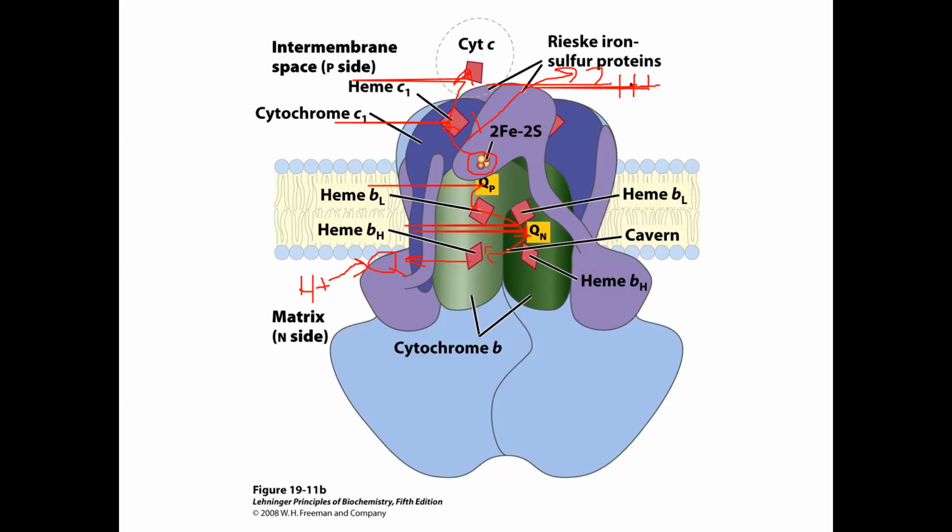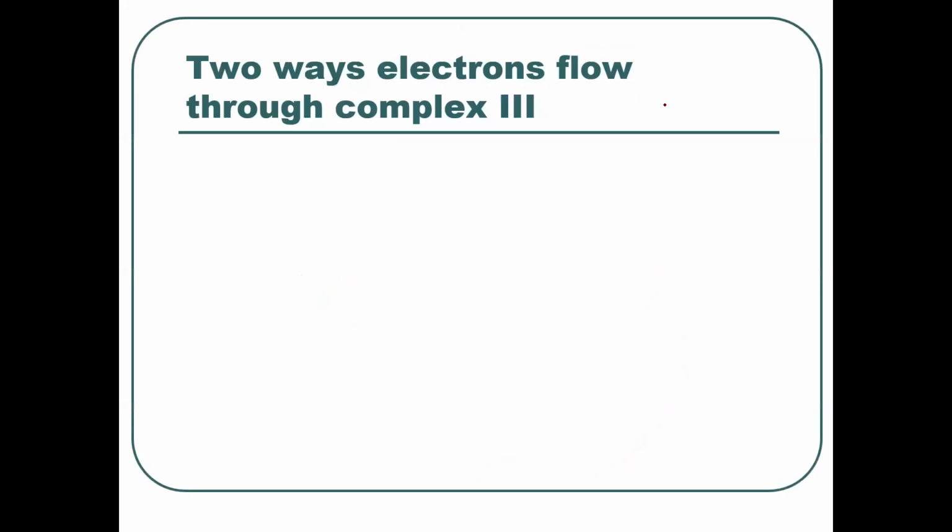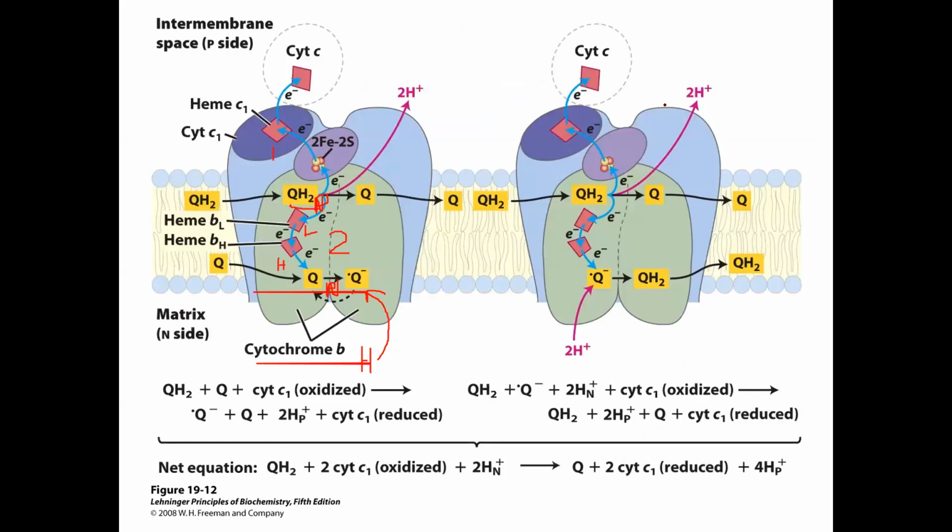Okay, that's a Q cycle. 2 electrons are given, 2 protons are pumped, but because cytochrome C can only carry 1 electron, the other electron goes down here and gets recycled. That maximizes the number of protons that you pump to the other side of the membrane.